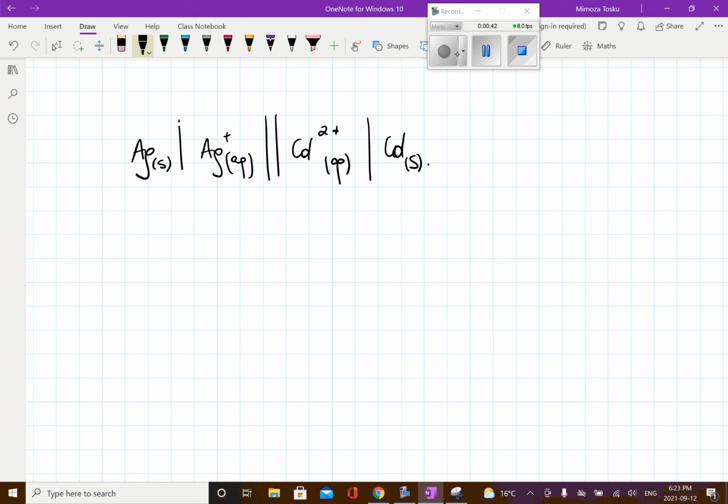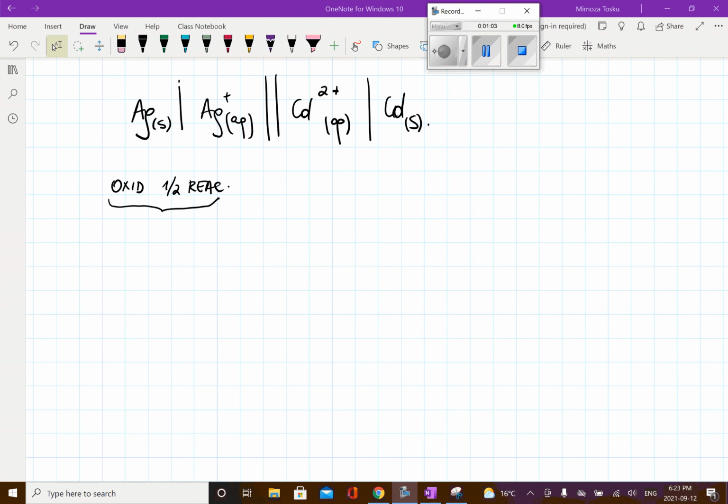So when we see this, let's first write the oxidation half reaction, which, remember what we said, is happening in the anode.